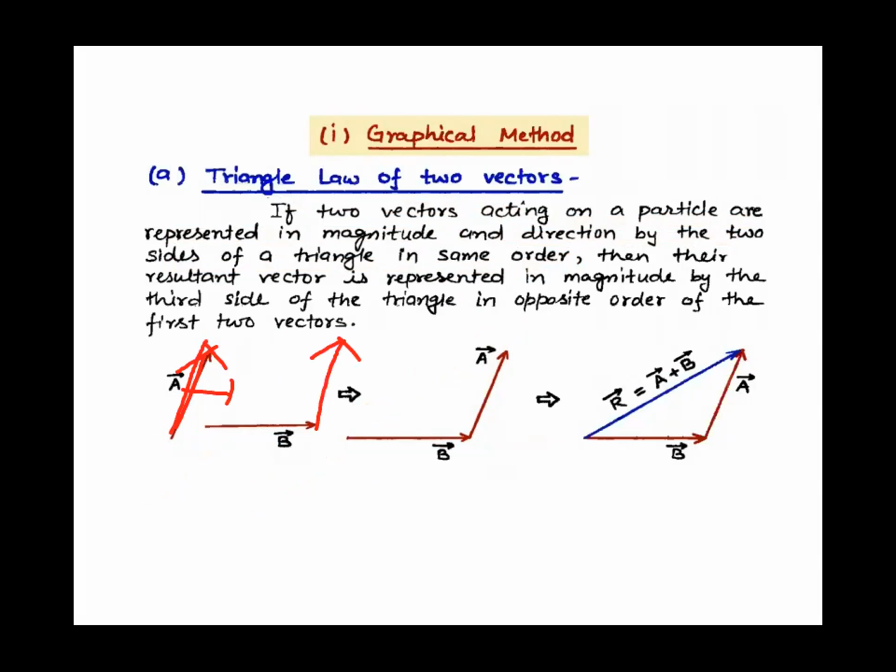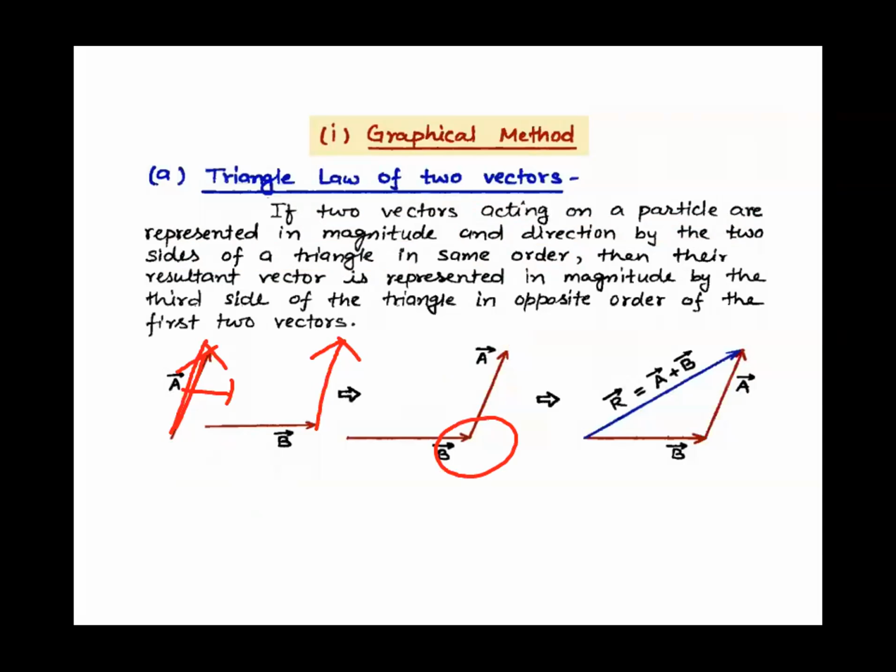As it is, we just pick up the vector and place it at the arrowhead of vector B. So what we have done is displaced vector A to the arrowhead of vector B.